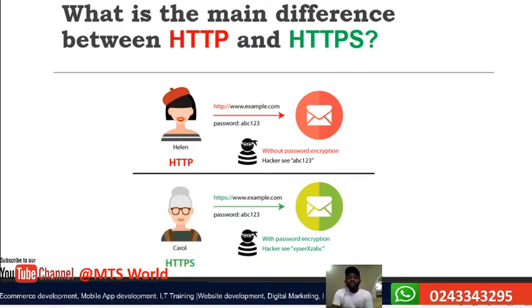So if someone enters a password on that website, maybe a site to register for a program, to access a dashboard, or to register for a profile, and the site is only HTTP and not HTTPS, the password you enter can be seen by other end users who are trying to hack the system. Let's say the password is ABC123.